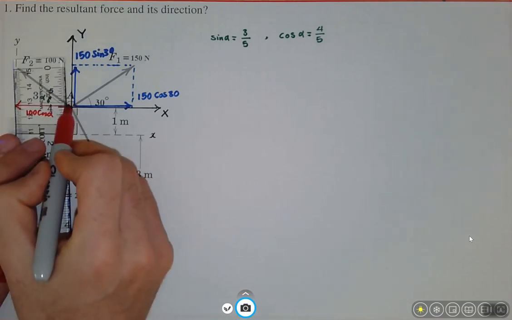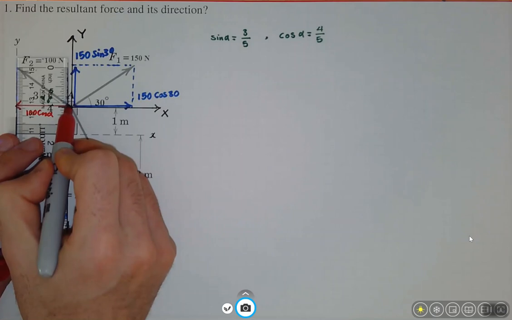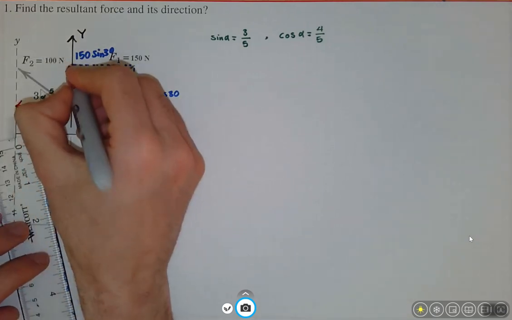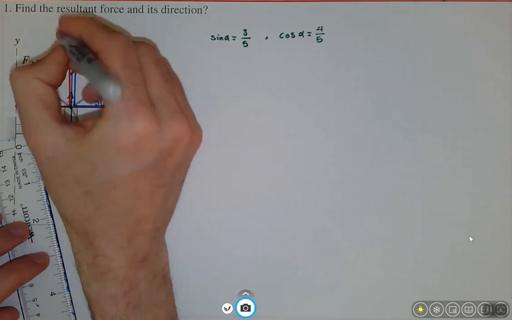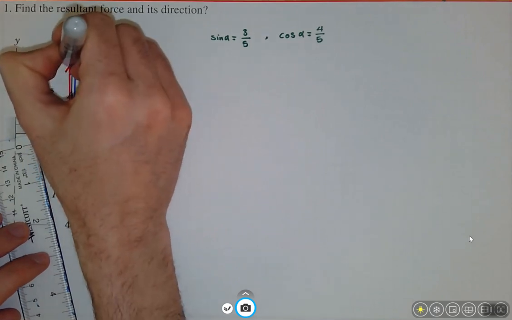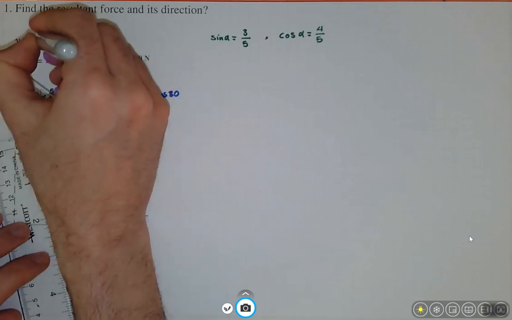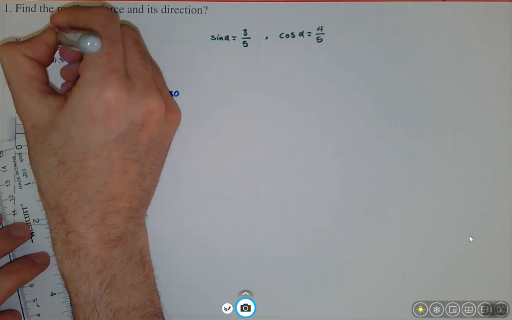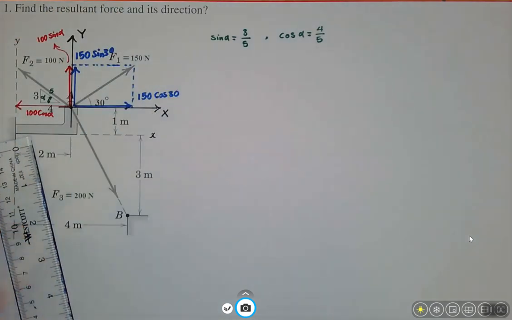Pay attention to the direction, right? And in Y it is going to be positive, and this one will be 100 sine alpha. So we are done with F2.